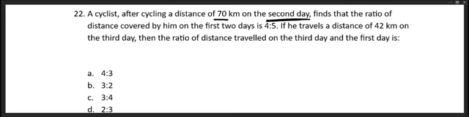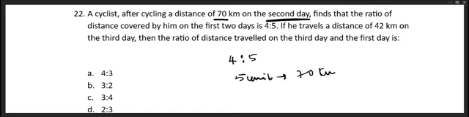That means on the first day the distance covered by the cyclist is 4 units, and on the second day it is 5 units. We are given that 5 units is equal to 70 kilometers.